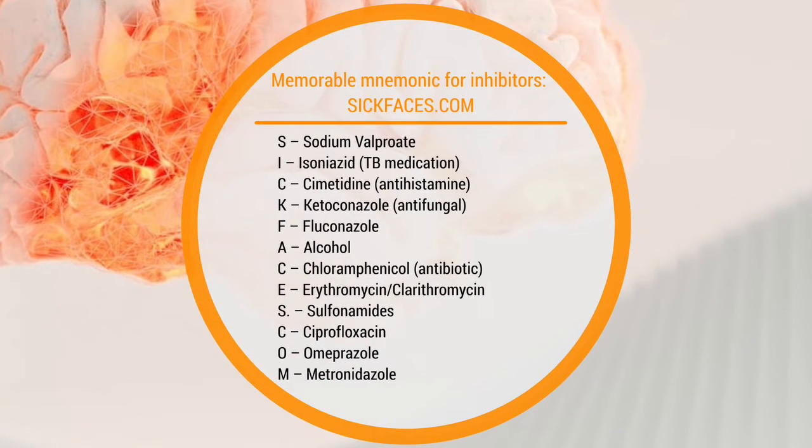Now, if you want to memorize the inhibitors versus the inducer drugs, you can use SODA FACES.COM, and that's your sodium valproate, isoniazid, cimetidine, ketoconazole, and the rest. You get it.